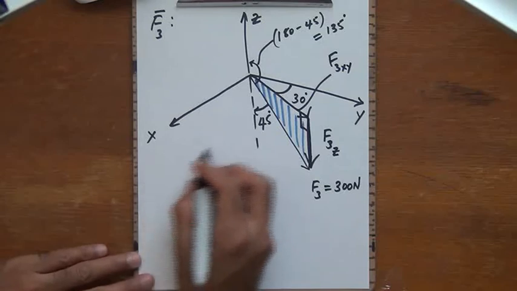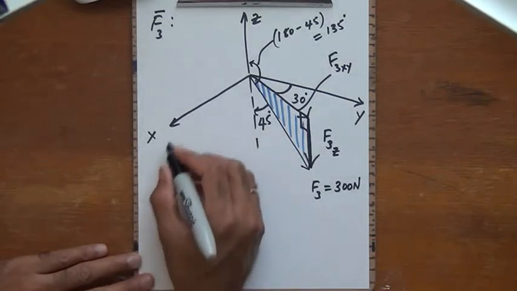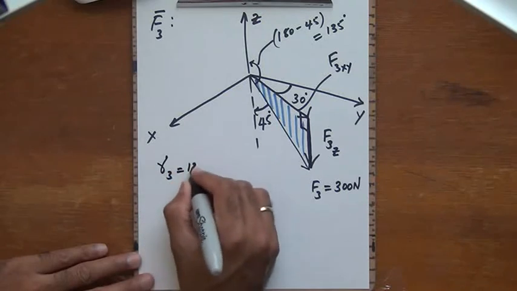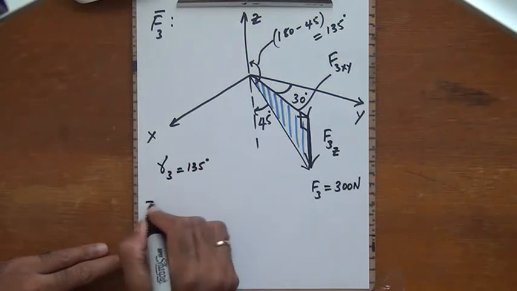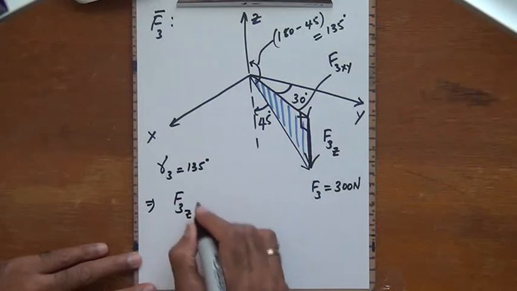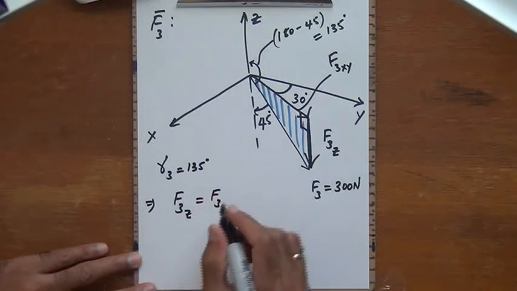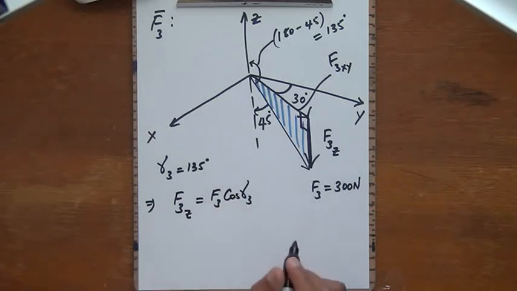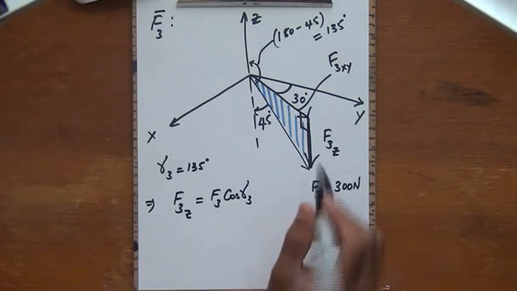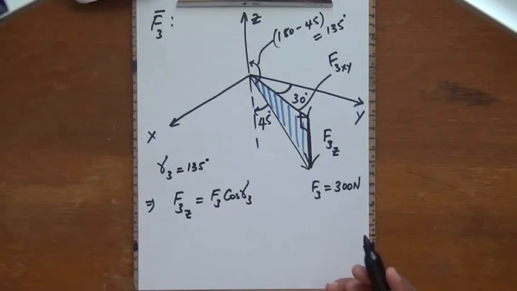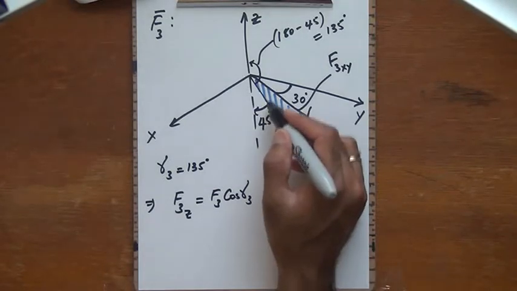Alright, so I know from construction, based on what we have here, gamma 3 is 135 degrees, which means that F3z is F3 times cosine of gamma 3, and which automatically means that if I look at the force vector F3xy, then that's going to be F3 times sine of the angle here.